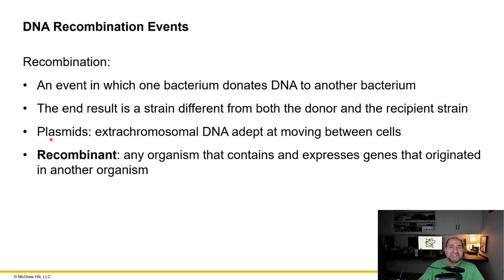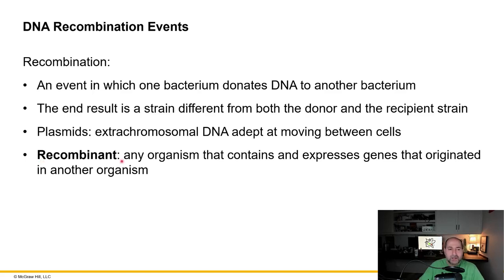Oftentimes, the DNA that's shared is a plasmid. Remember, a small extrachromosomal DNA that can move between cells, but it doesn't have to be a plasmid. Bacteria can also share genomic DNA as well.